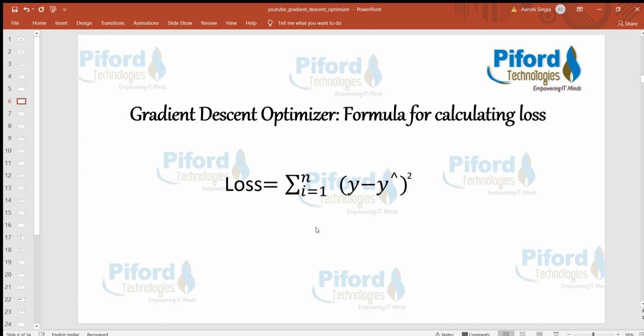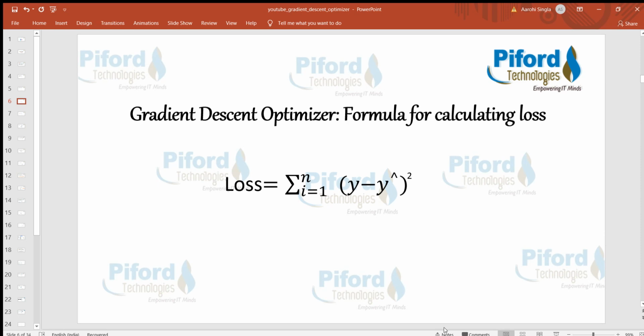On the basis of the calculation over all data points, it will finally calculate the loss, where y is the actual y value and y hat is the predicted y value, and the whole thing is squared, right? Suppose your data set has 20,000 records, the gradient descent optimizer will process all the 20,000 records, and then it will calculate the loss.